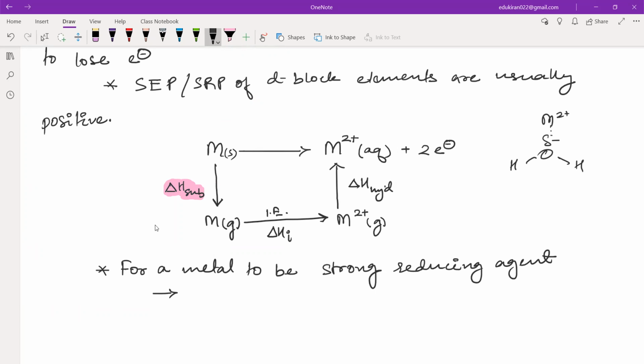And we want to go from M to M2 positive, to oxidize the metal, which gives 2 electrons. These 2 electrons will be taken by something else, and that is why the metal is of reducing nature. Metals reduce others and get oxidized themselves. It doesn't get reduced; it oxidizes itself and reduces others. And if it wants to reduce others, then the delta H sublimation should be low.